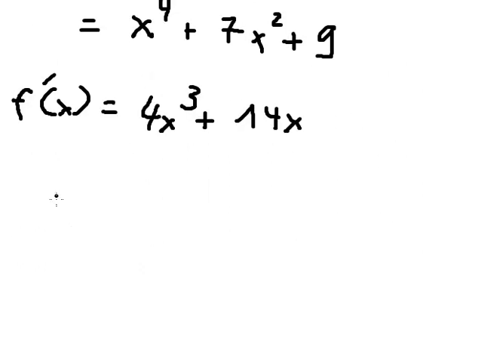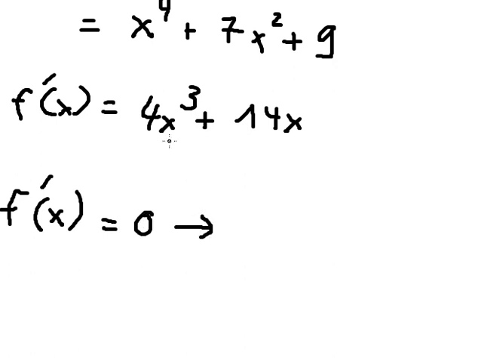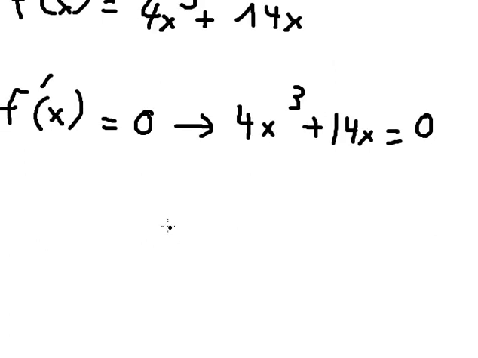Next, we need to find the critical point, so we need to put the first derivative f prime of s equals 0. So this one equals 0. So we can do factorization.